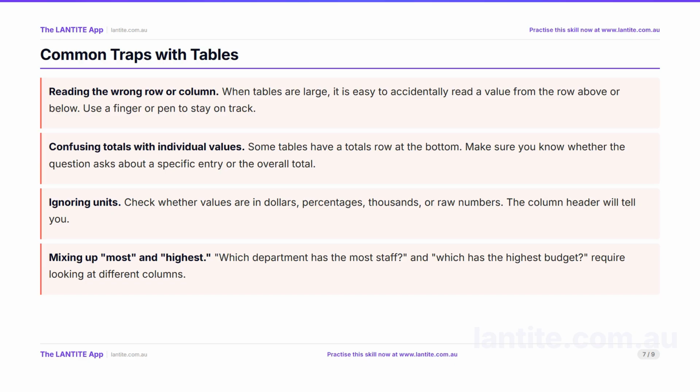Third, ignoring units. Always check the column header to see whether values are in dollars, percentages, thousands, or raw numbers. And fourth, mixing up what the question is actually asking. Which department has the most staff, and which has the highest budget, are two very different questions that require looking at different columns.